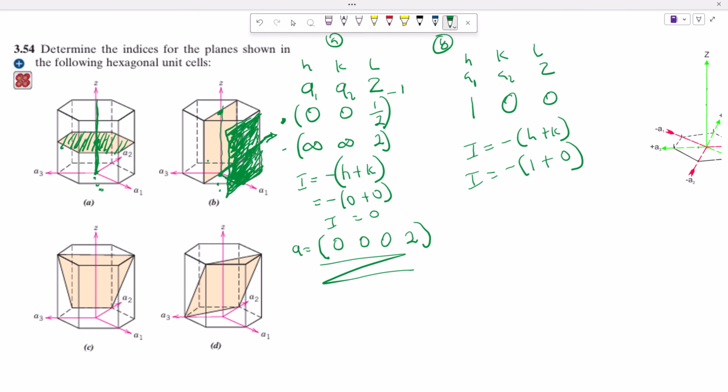So by the time we take away our hkil, we have B equal to 1, 0, our I, which is bar 1, and our Z, which is 0. So here's the final answer for our B.